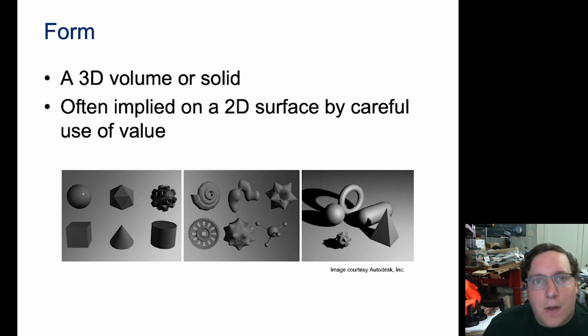So going from shape into form is where we start looking at the three-dimensional volume, the solid nature of it. Again, we're implying it two-dimensionally, using shading, the value, to define that. But we can see those basic two-dimensional triangles being pieced together to create hexagonal patterns and getting into dodecahedrons.